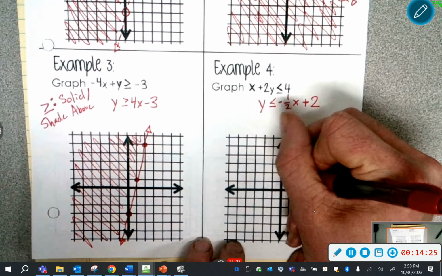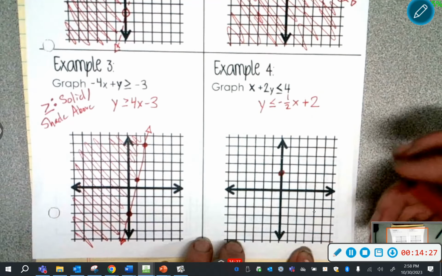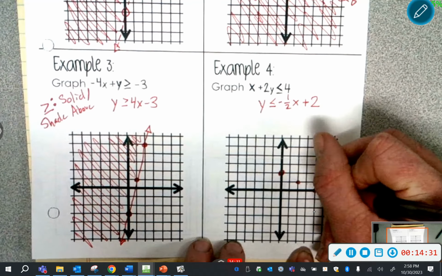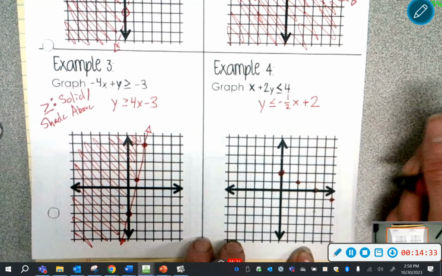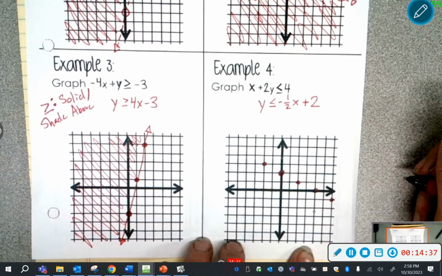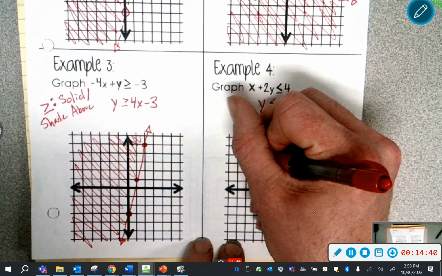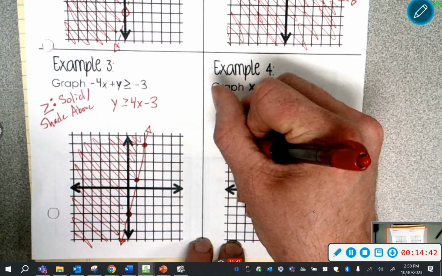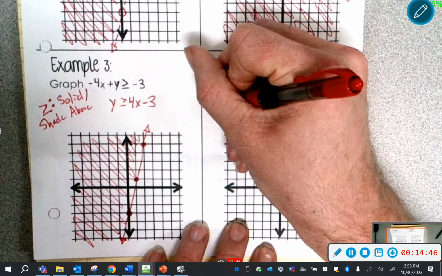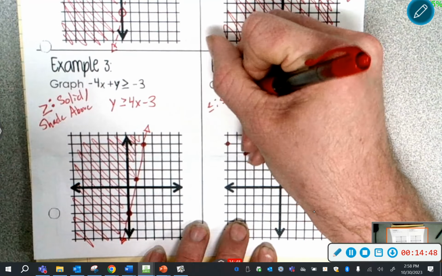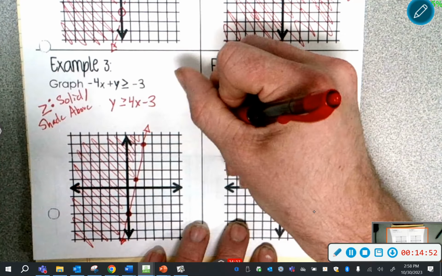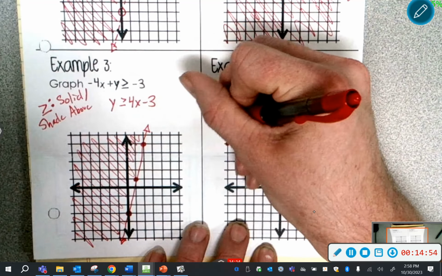Start with my point. My slope is negative 1/2, so it's down 1, right 2, down 1, right 2, down 1, right 2. And then back to the start, and now up 1, left 2, up 1, left 2, up 1, left 2. Solid line because it's equal to. Shade below because it's less than.